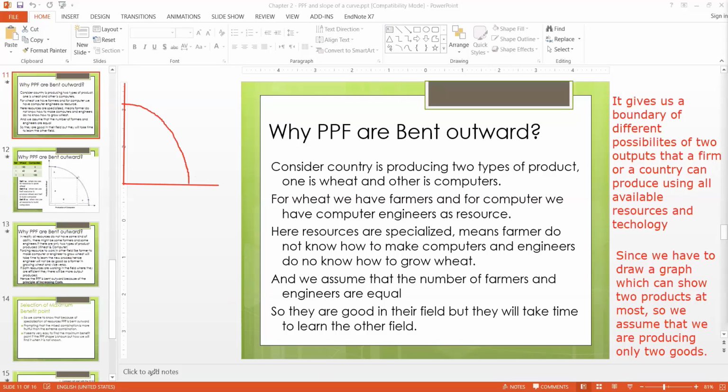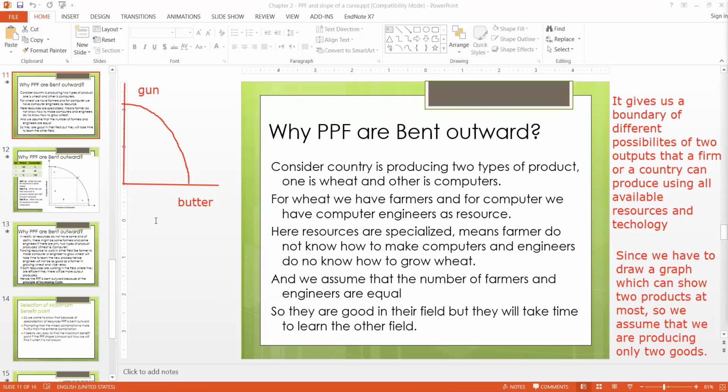It's a boundary where there are two goods. First is the commodity on the x-axis, let's call it butter, and on the y-axis we call it gun. So this was the idea.